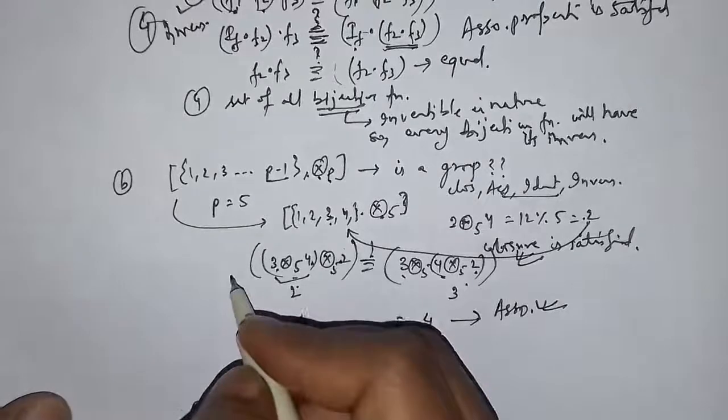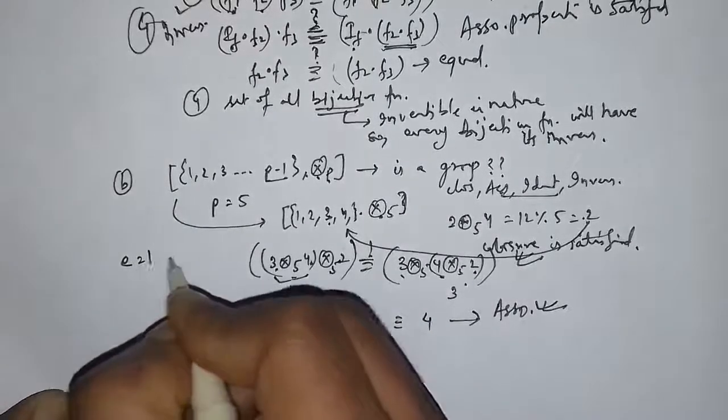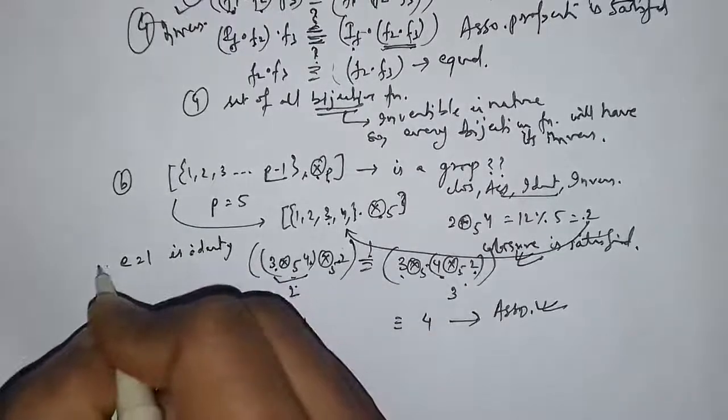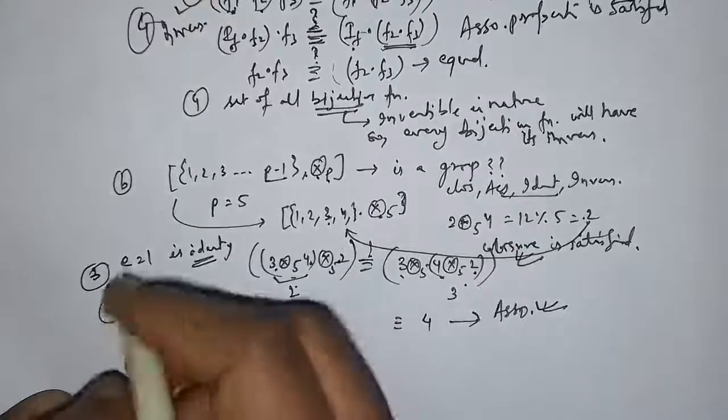Now we will see whether identity element is present or not. Here e is equal to 1 is the identity element which is present, so identity property is also satisfied. Now we will check inverse.